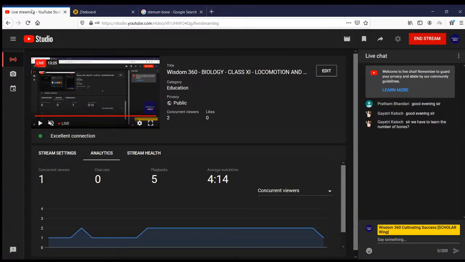Yeah, you have to learn the number of bones, Gayatri, that is asked in the NEET examination. That's why I'm telling you. The number of bones is very important. Questions will be asked like that. How many bones are there in the ribs? 24. How many bones are there in your face? 14. How many bones are there in your skull? 8. Also, the names of the bones you should know for the NEET examination.